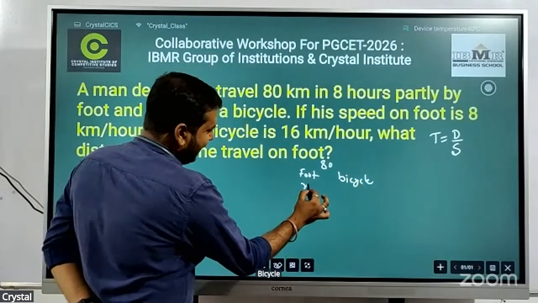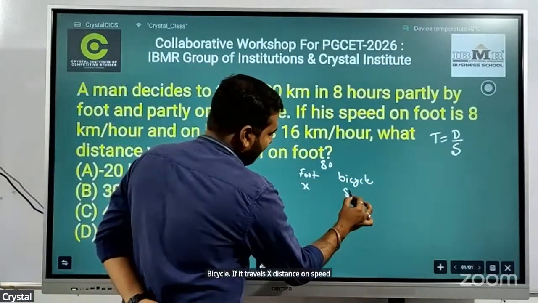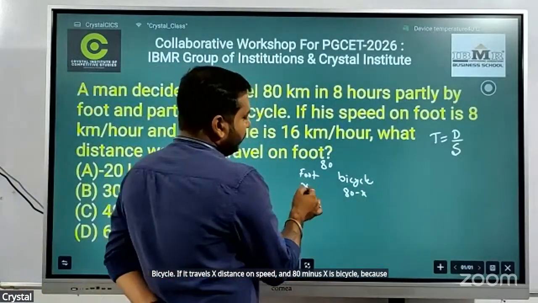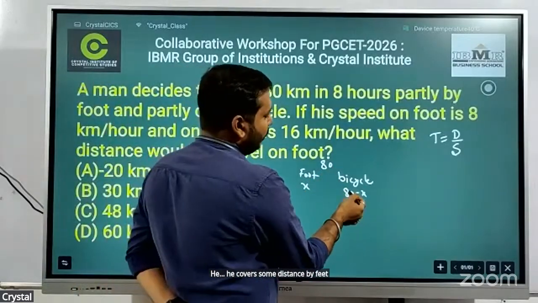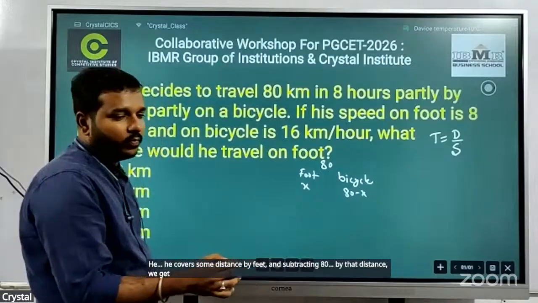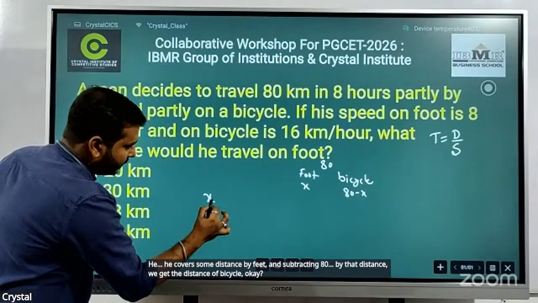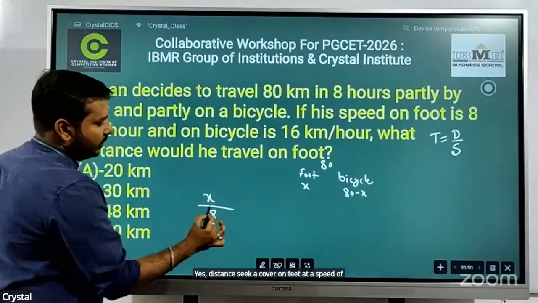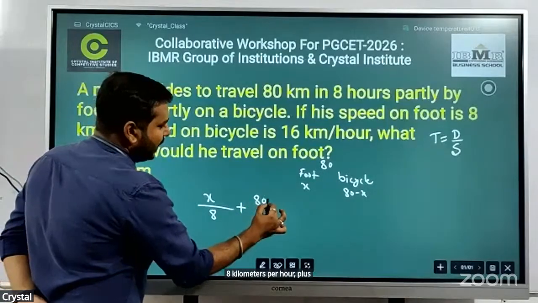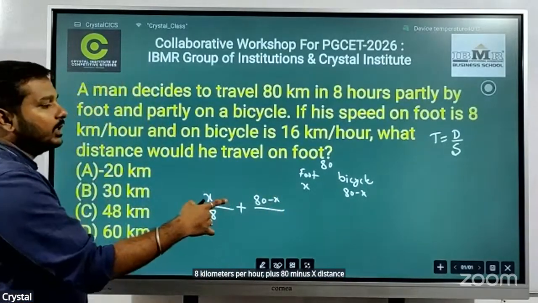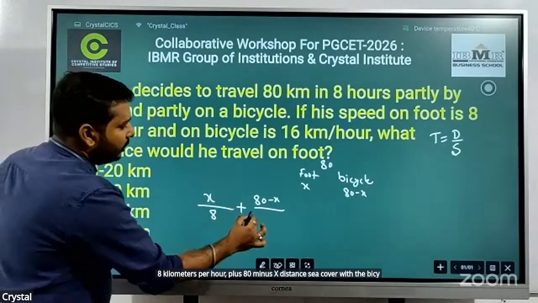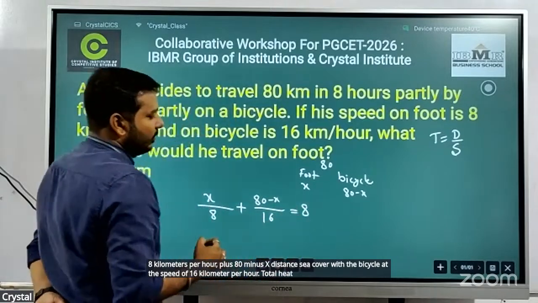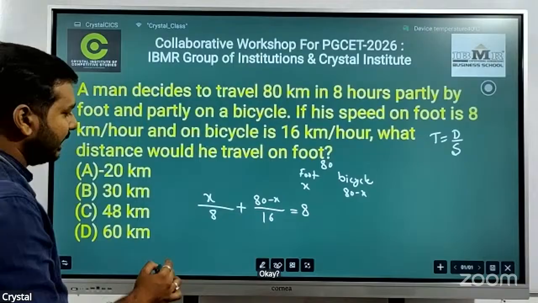If he travels x distance on foot, then 80 minus x is by bicycle, because he covers some distance on foot and subtracting that from 80 we get the bicycle distance. So x distance he covers on foot at a speed of 8 km per hour plus 80 minus x distance with the bicycle at a speed of 16 km per hour. The total time taken is 8 hours.